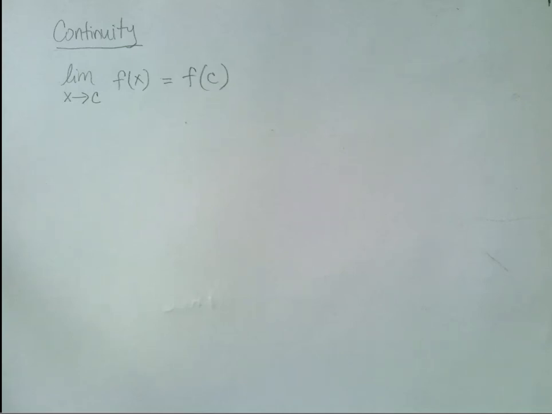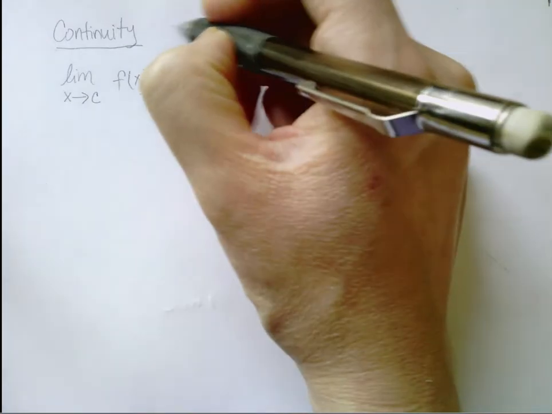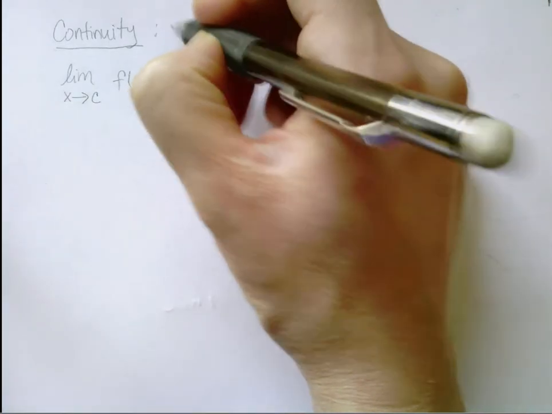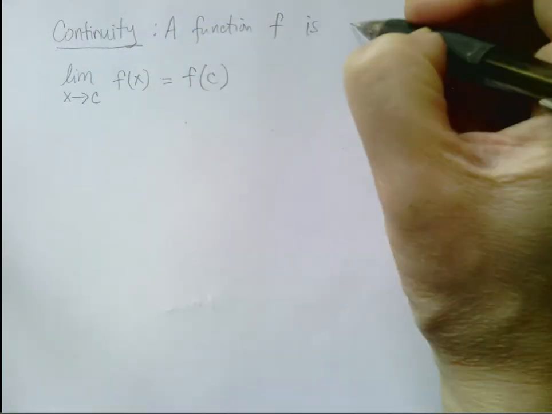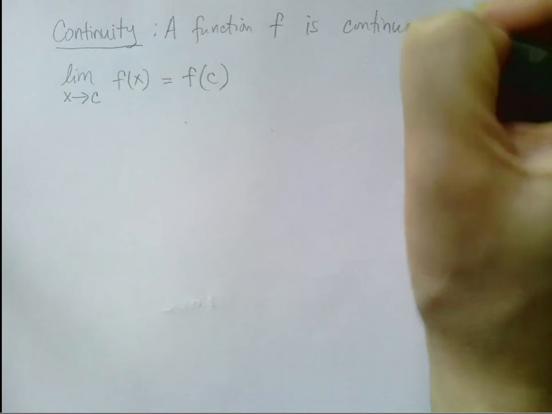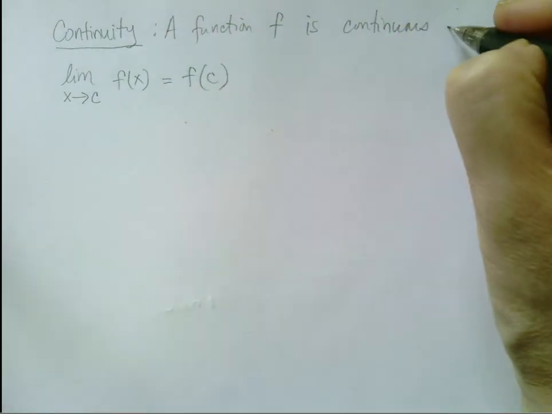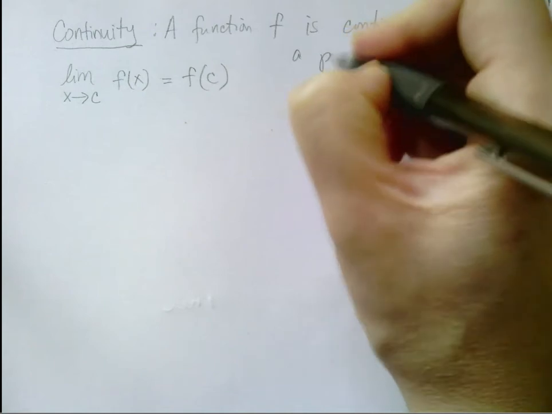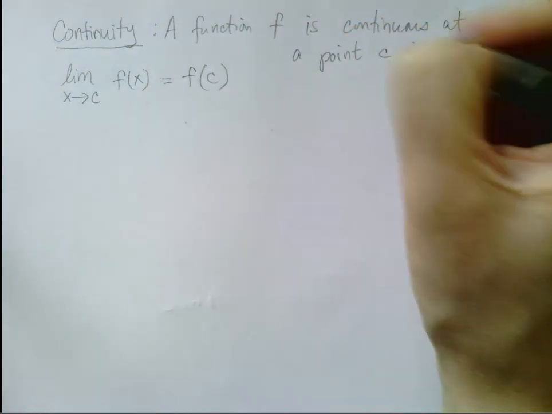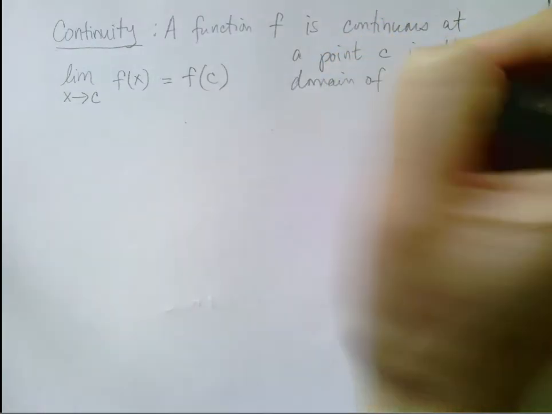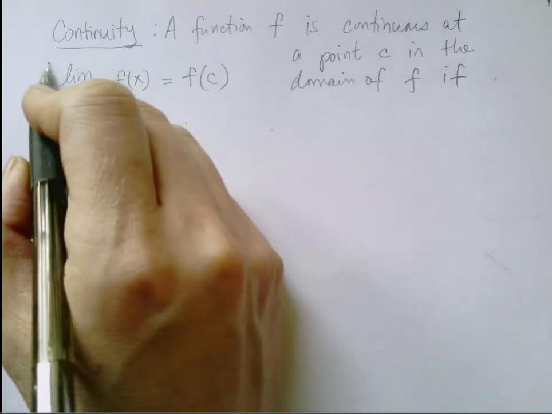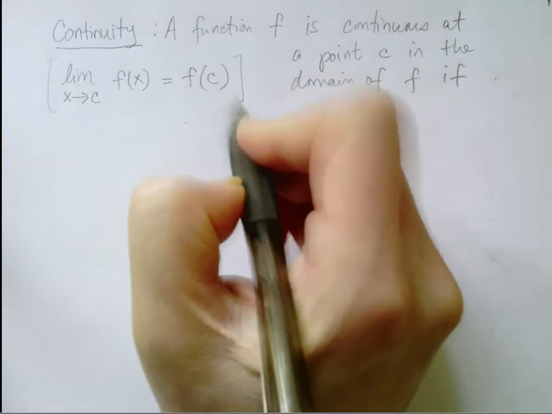Continuity is a local concept. In other words, it's the description of a situation at a point. So we say that a function f is continuous at a point C in the domain of f if this criteria is true.